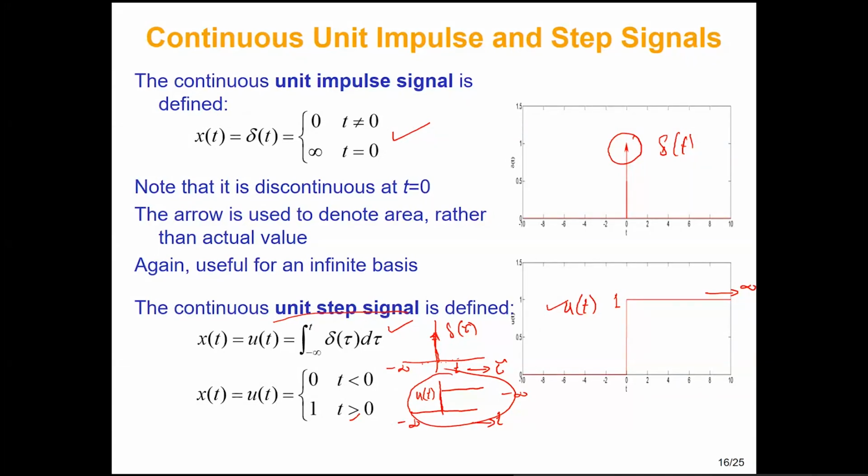And the converse is also true. What is the opposite of integration? Differentiation. So if we take the opposite part, that will also be true. The differentiation of u of t will give you delta t. Why? Differentiation is rate of change. If you take rate of change at any point, u of t is already 0, so there is no rate of change. At all these points, the differential of u of t will be 0.